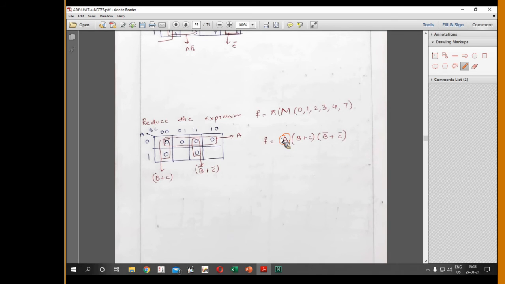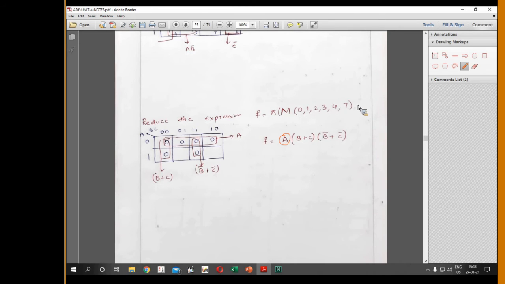This is also in the form of POS, where it requires two levels, only two OR gates, A transferred directly from its variable, and one AND gate to realize the circuit.